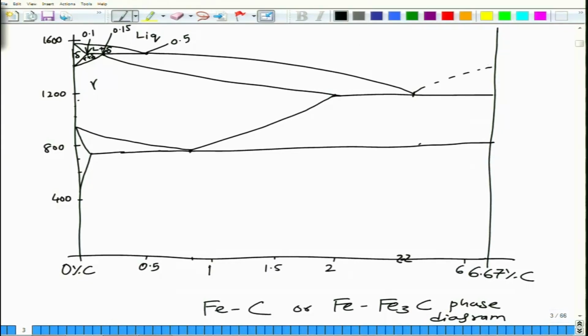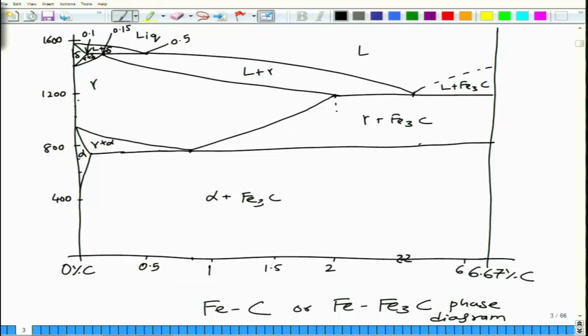Okay, now it is better. So this is liquid, this is liquid plus gamma, and this is liquid plus Fe3C. Some people also write graphite, and here you have a mixture of gamma plus Fe3C. Here you have gamma, and this is gamma plus alpha, this is alpha, this is alpha plus Fe3C.